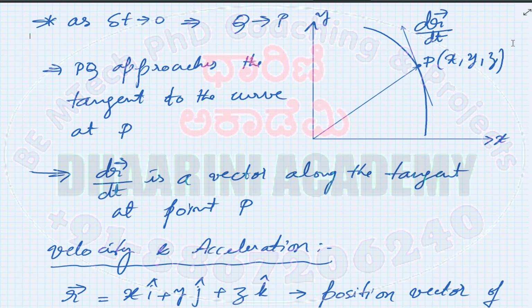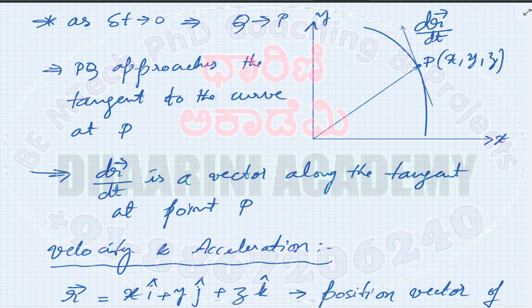If we relate this to the basic concept which we had studied earlier, this is nothing but the slope along the tangent. The slope of the tangent was obtained if you differentiate a function. But now if you have a vector r and you differentiate that, you are going to get the vector along the tangent.